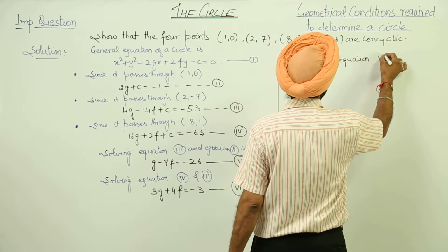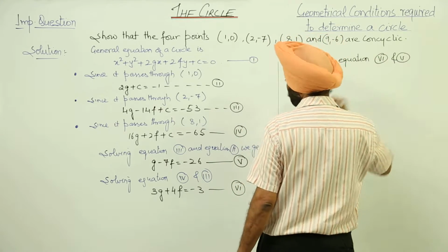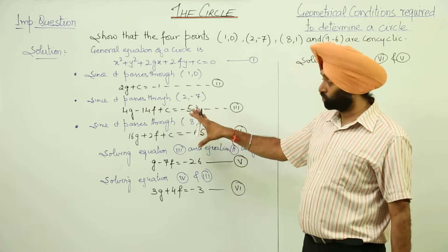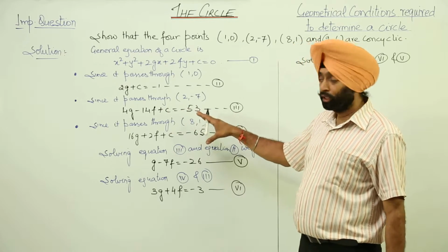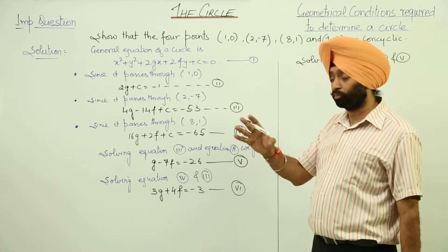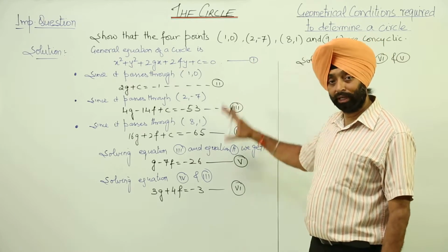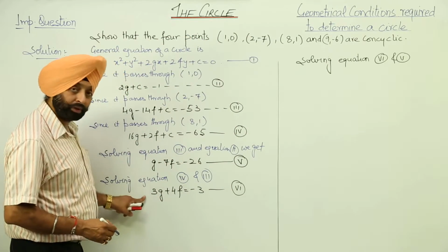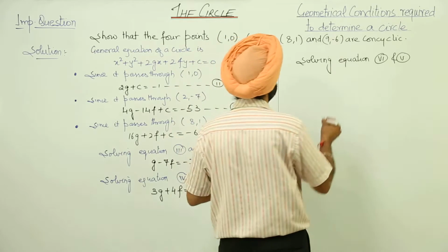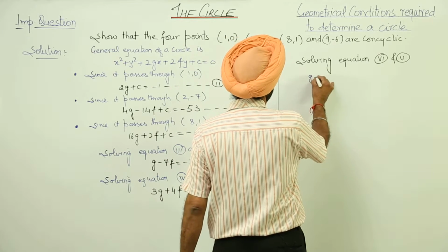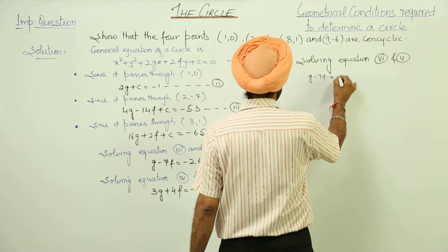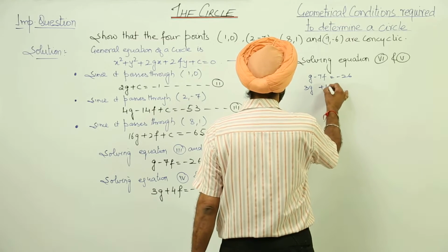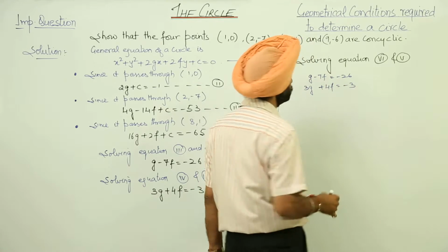Now, solving equation 6th and 5th. You have to show these calculations when you are solving; I am doing these equations directly, but you have to do the calculations either on the rough side, on the same page, or directly like this. So, we are going to solve these 2 equations. What are we having? g negative of 7f is equal to negative of 26 and 3g plus 4f is equal to negative of 3.